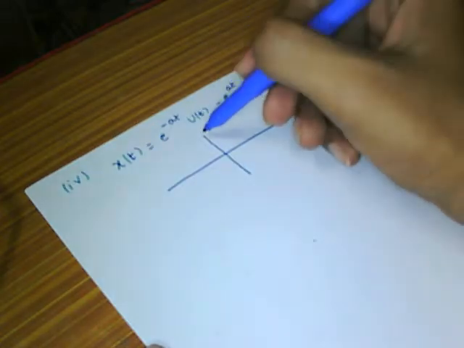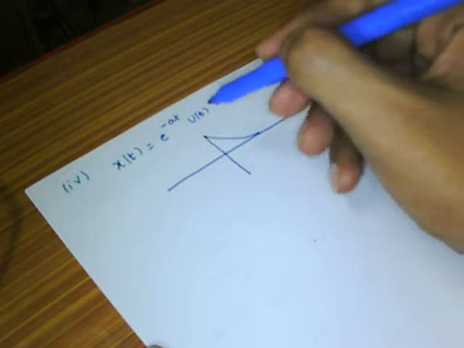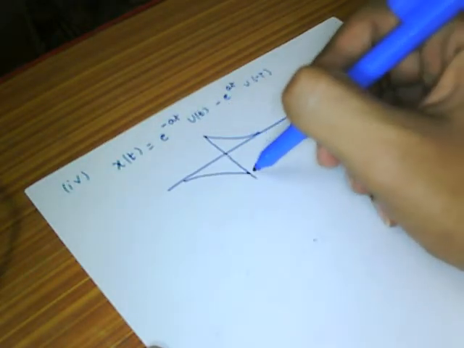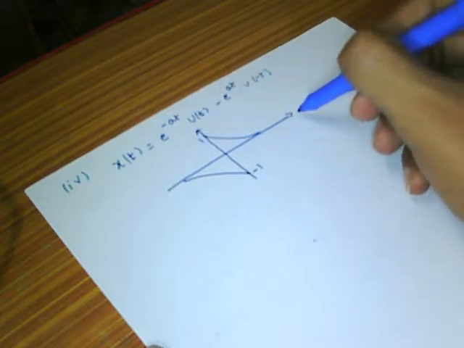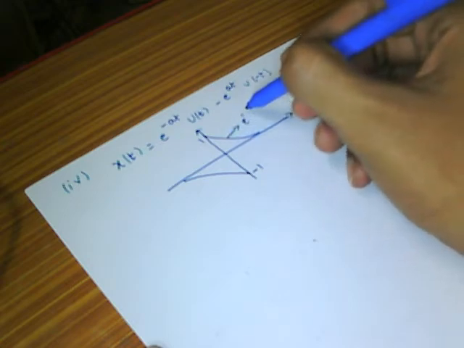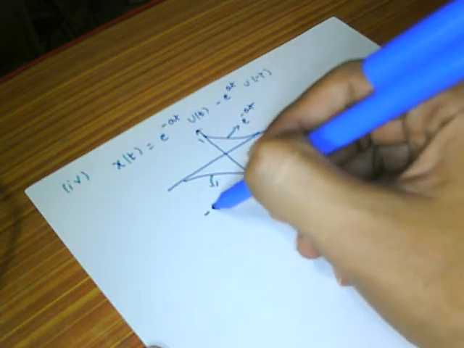Here e power minus at u of t corresponds to this curve, and minus e power at u of minus t corresponds to this curve. This will be minus 1, this will be 1, and this is t. The equation of this curve will be e power minus at, and the equation of this curve will be minus e power at.